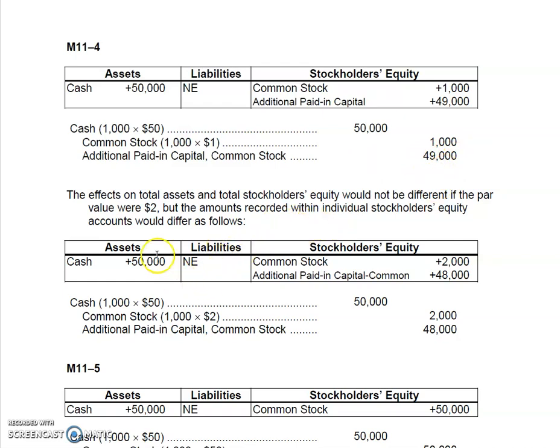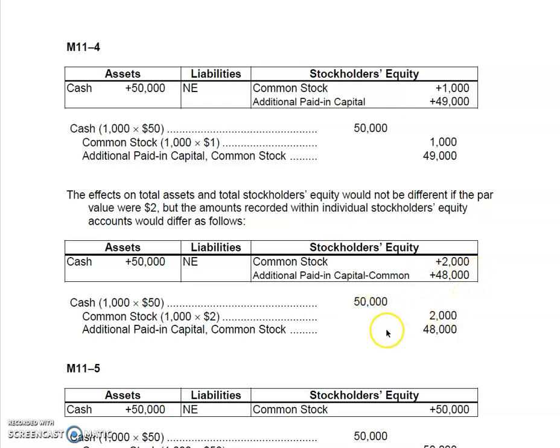$2 par, we still see cash increase by $50,000, debit cash for $50,000. We see common stock increase, this time by $2,000 for the $2 par value times 1,000 shares, and additional paid-in capital increase by $48 per share times 1,000 shares, or $48,000.